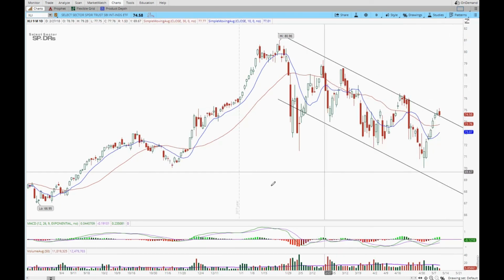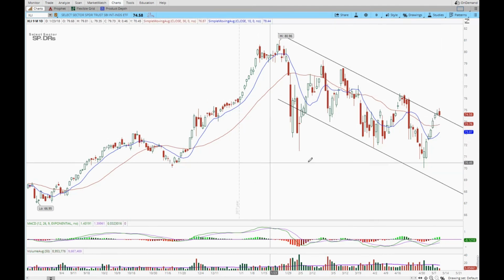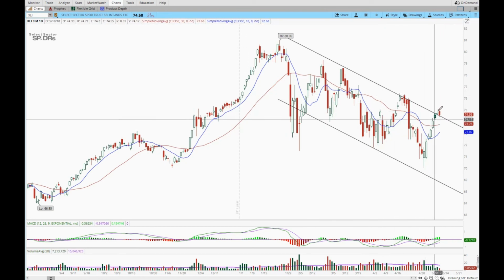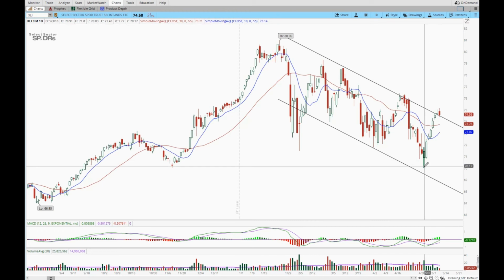XLI, industrials, actually is moving in this channel here. It broke this channel on Friday, tried to continue the move to the upside, but then came back also.